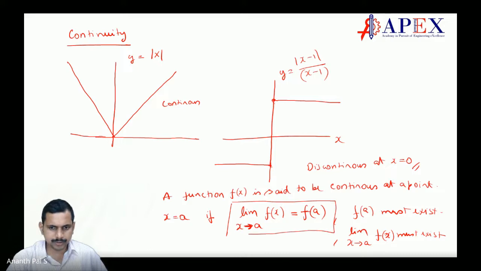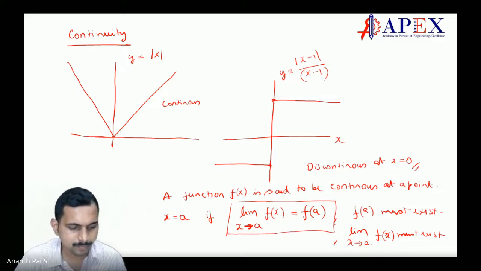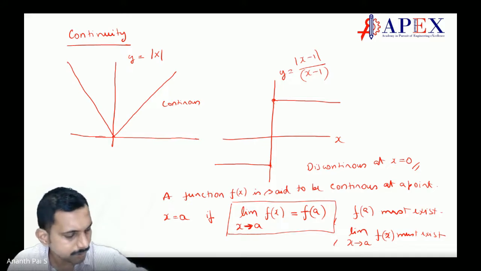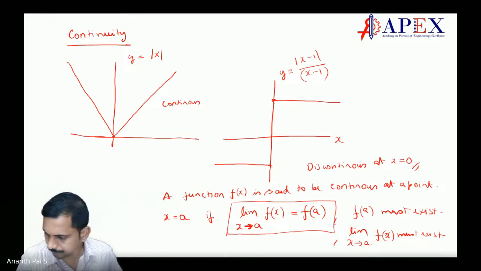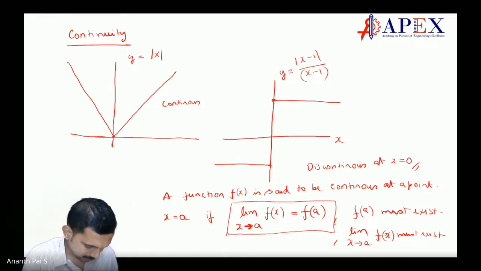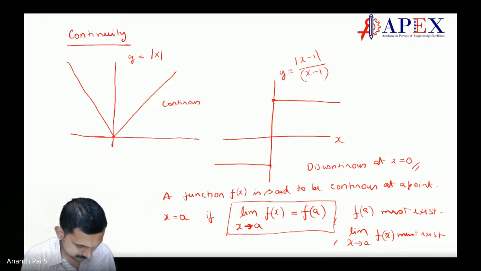So this is the main important thing. Make sense, students? Let us see some of the examples. Tell me when you finished writing, students. Then we will see three other types of discontinuity.